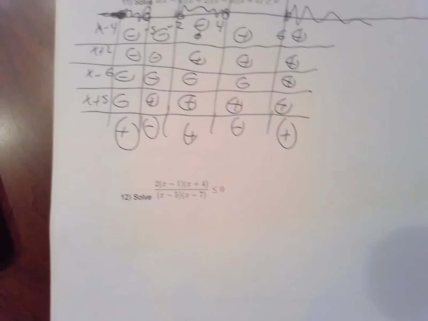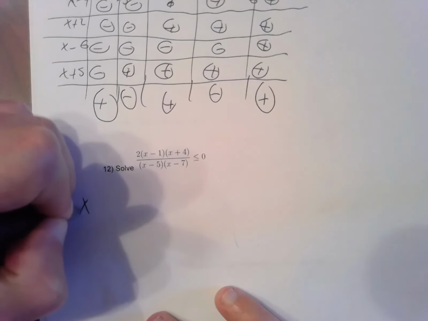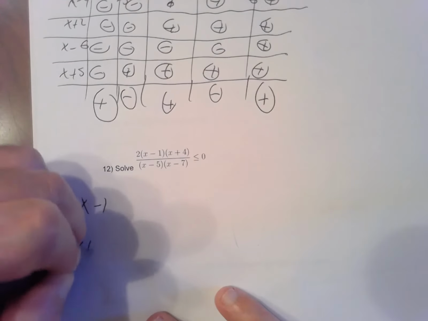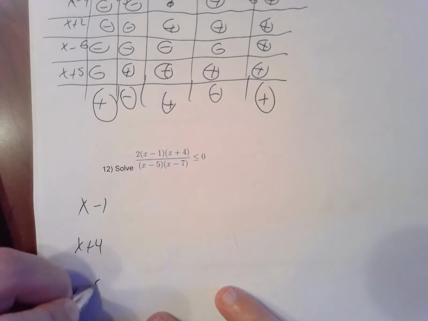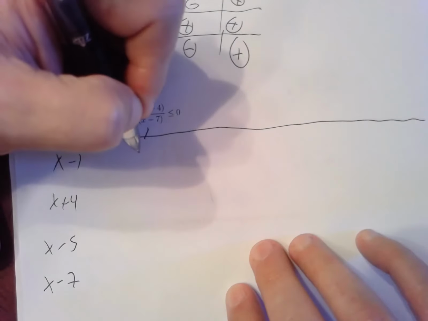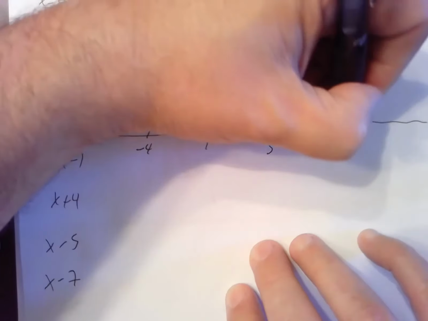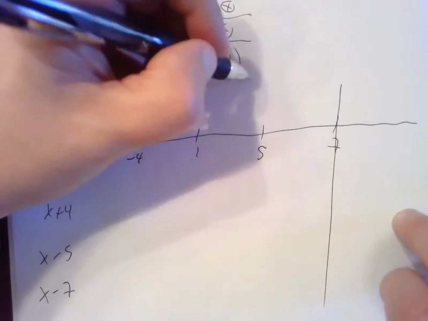Okay. Same game here. List out all our factors. Draw a number line with all our roots. So I've got a negative 4, a 1, a 5, and a 7.